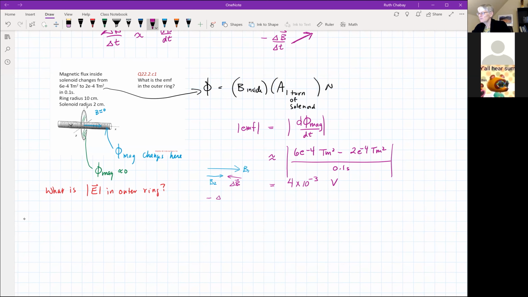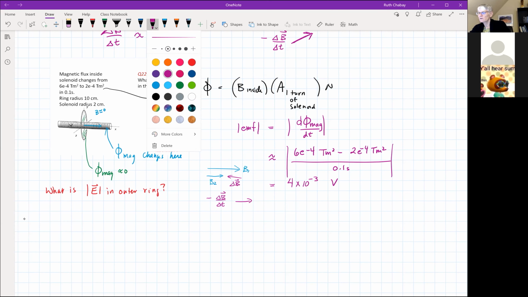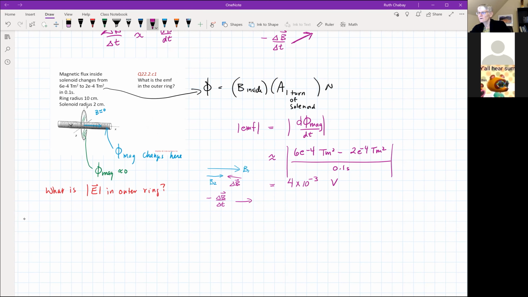So a minus delta B over delta T would be to the right, which gives us a conventional current that's going to flow that way.